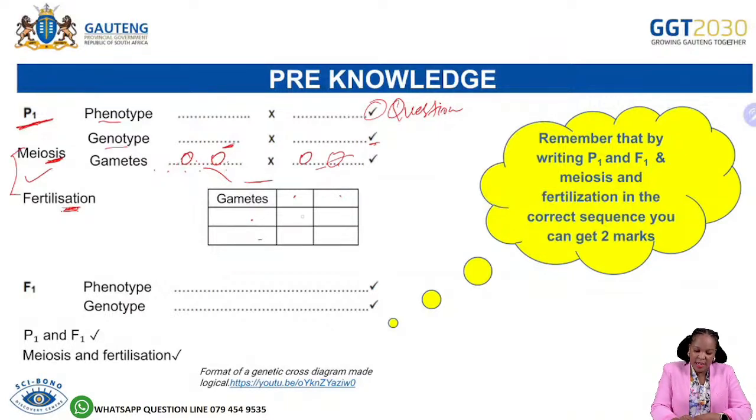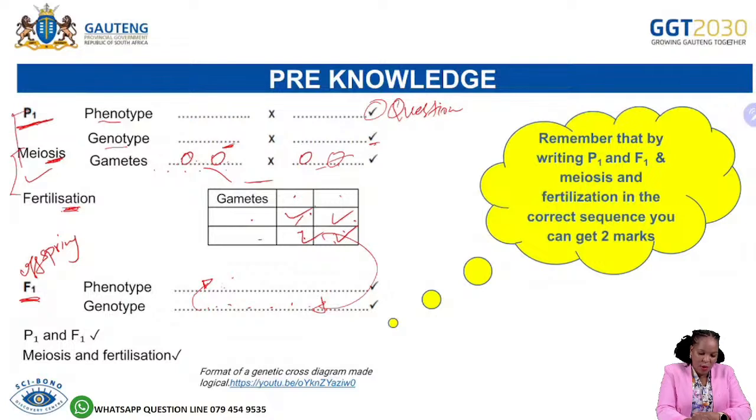After crossing, what you get in these blocks of the Punnett square are the genotypes of your F1, meaning your F1 are your offspring. Now for this offspring generation, you must write their genotypes as you get them from the Punnett square, and these genotypes will therefore tell you the phenotype of these offspring, their physical appearance. For writing P1 and F1 also at the correct places, you get 1 mark.